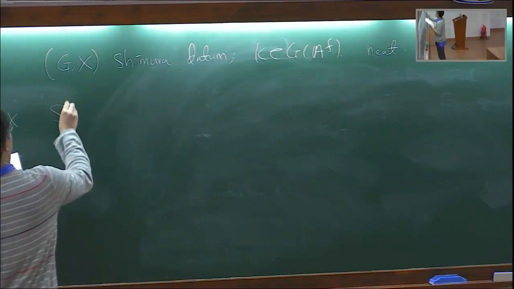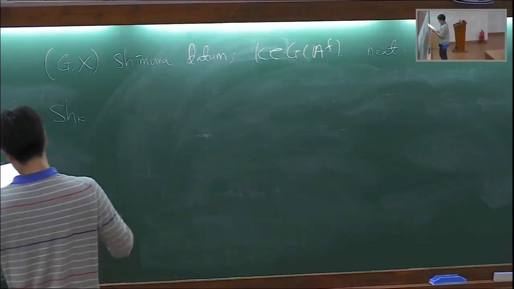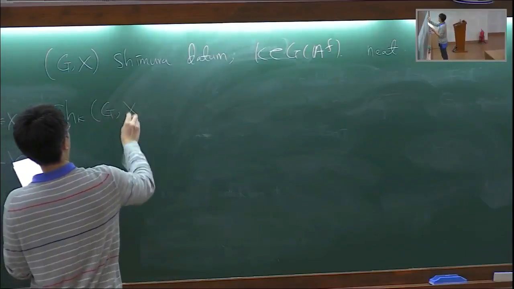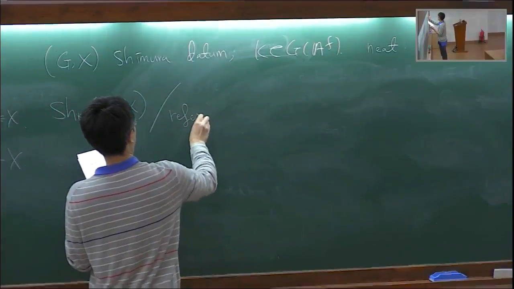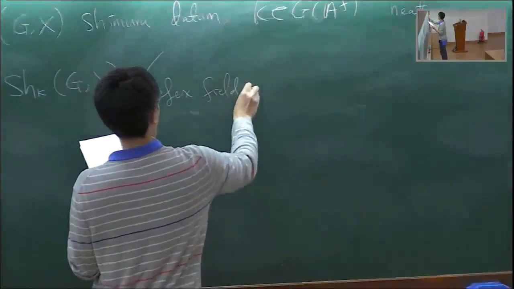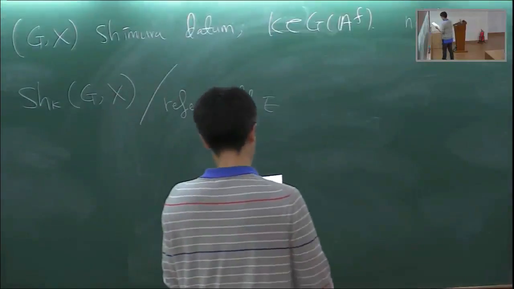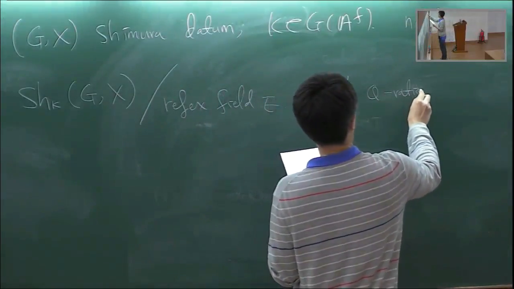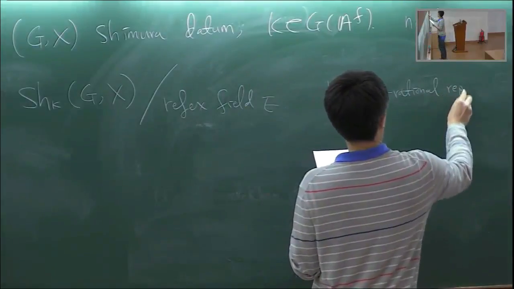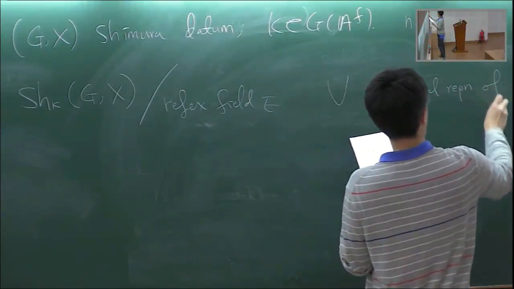Then you have this Shimura variety over a number field, this canonical model, over a reflex field E. V is a pure rational representation of G.